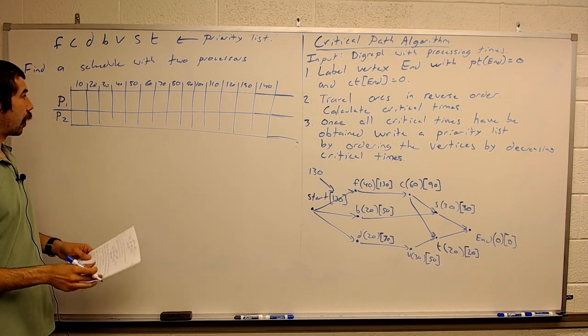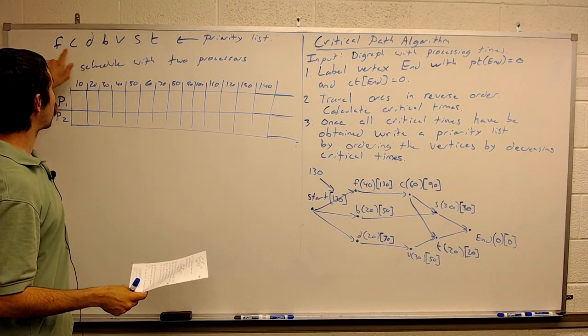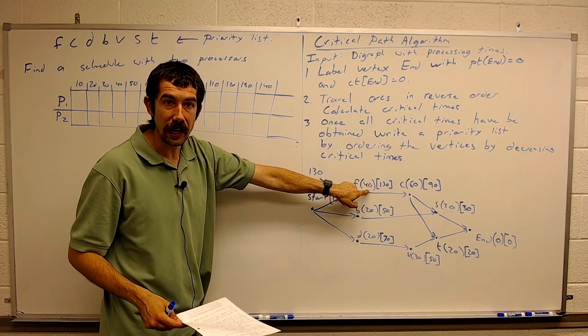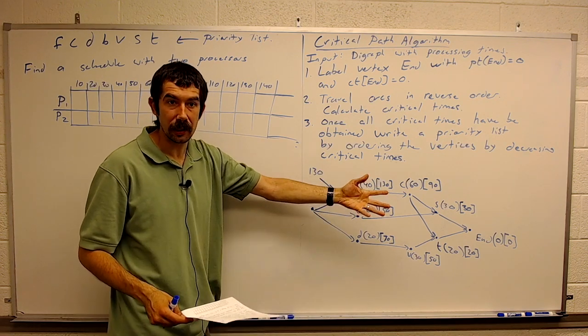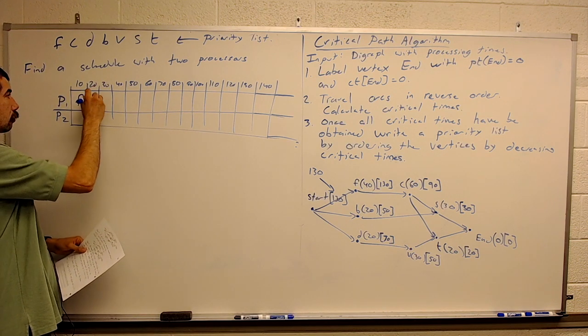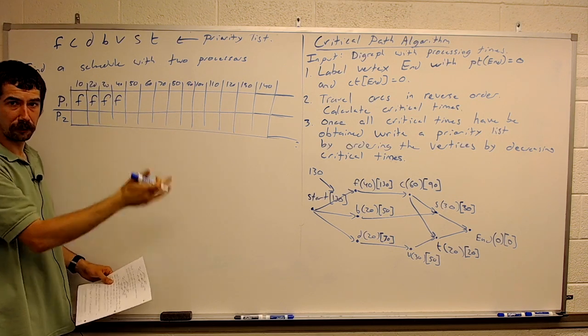Okay, so processor 1 is going to take the first task on our priority list, F, and it takes 40 units of time to complete task F. So processor 1 is going to do task F for the first 40 minutes.